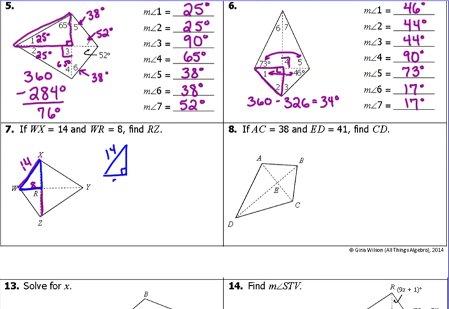We've got 14, we've got 8. I added the right angle because those diagonals are perpendicular. We need to use our Pythagorean theorem right here. We're missing that length. So x squared plus 8 squared equals 14 squared. 14 is our hypotenuse. So we subtract 8 squared.